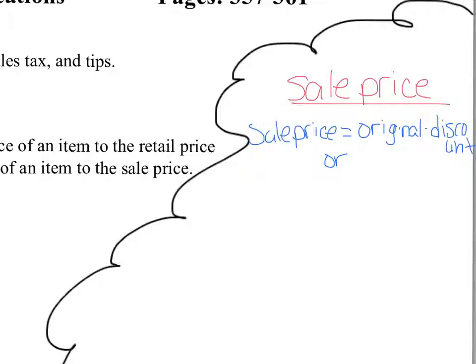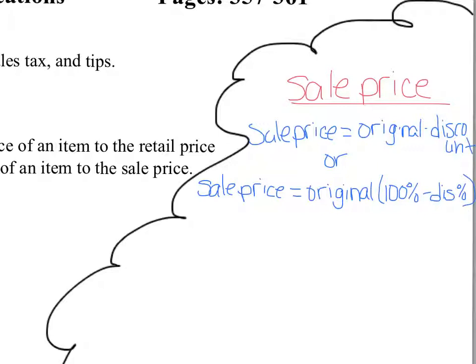Now, we do have a way where we can combine it all into one step, which I would almost recommend getting into the habit of using, because it's just so much easier. You're going to take your original amount, whatever that original price is, and multiply by 100% minus the discount percent.